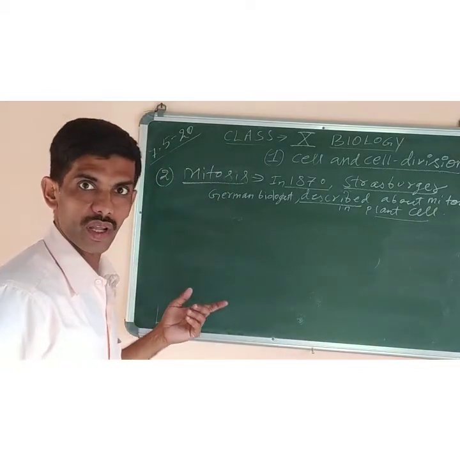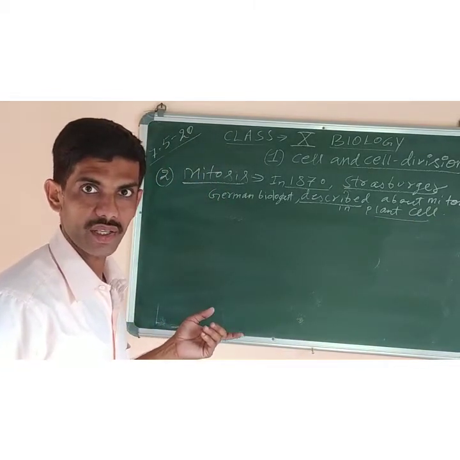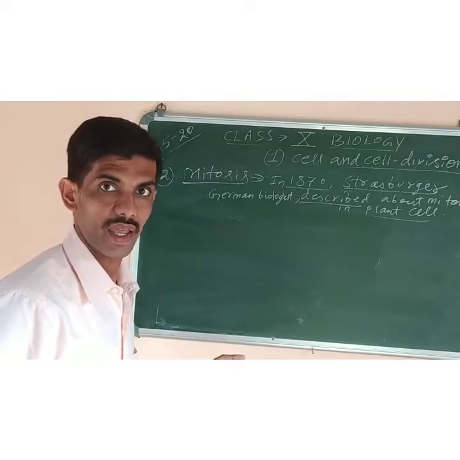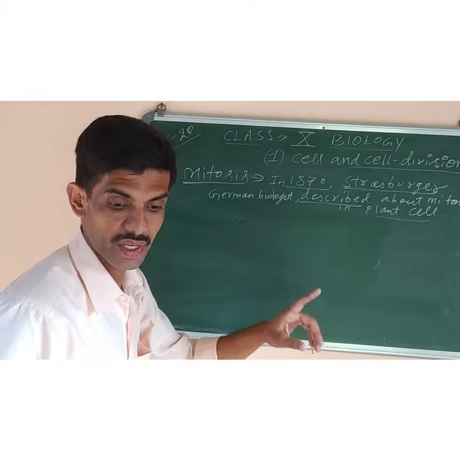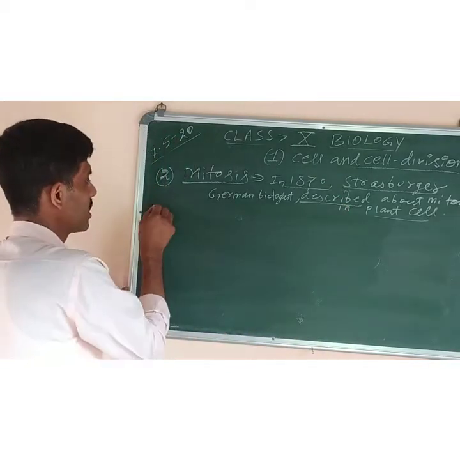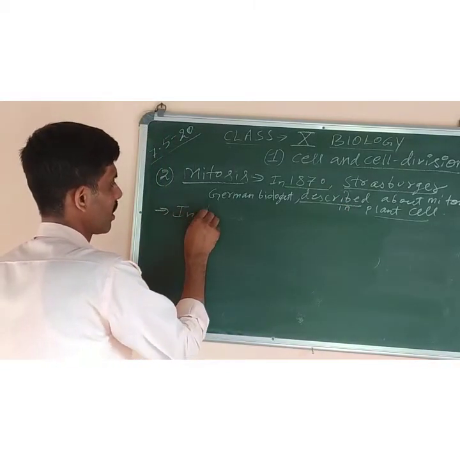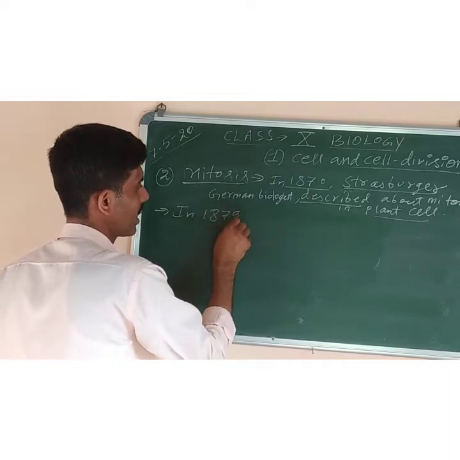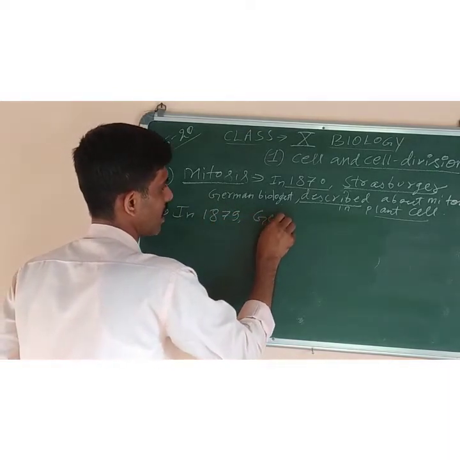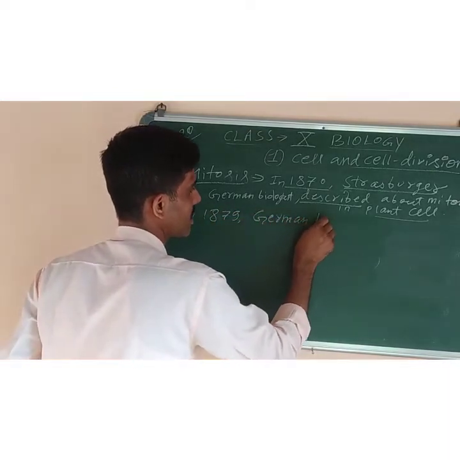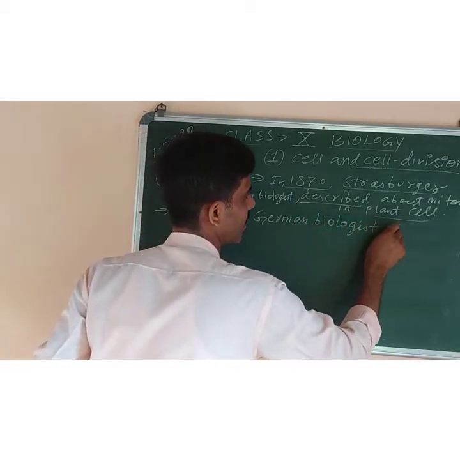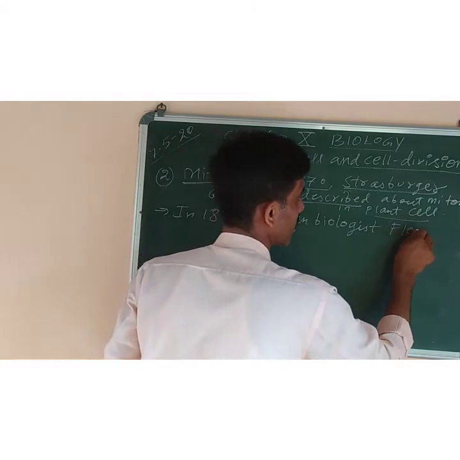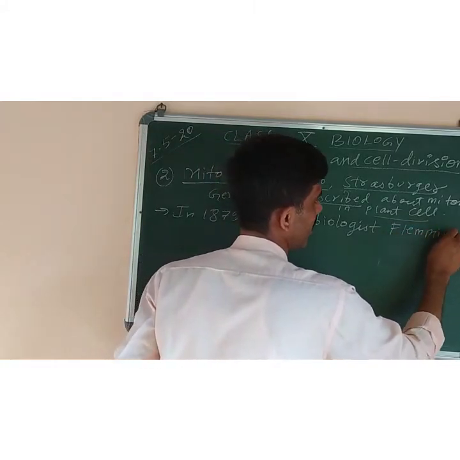Now, a few years later, in the year 1879, it was in 1870, now the next was in 1879, another German biologist only from same country, Fleming. Take the spelling F-L-E-M-M-I-N-G, Fleming.